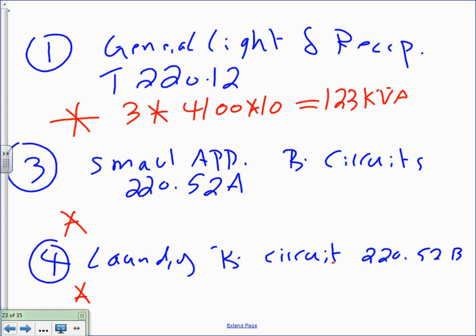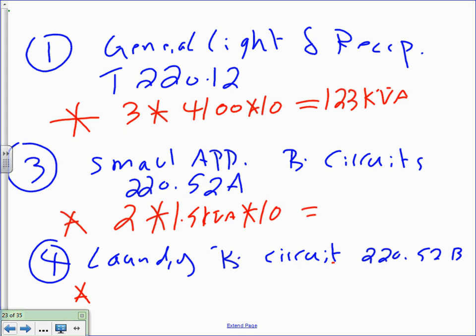Yep. Second. Cool. All right, small appliances. Small appliance branch circuit. Each apartment's going to have how many small appliances? 2 for each apartment, multiplied by how many apartments we have? 10. Let's do it this way: 2 circuits, each circuit is 1.5 kVA, multiplied by how many of them do I have? 10.